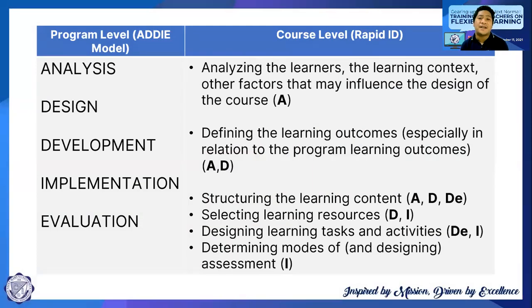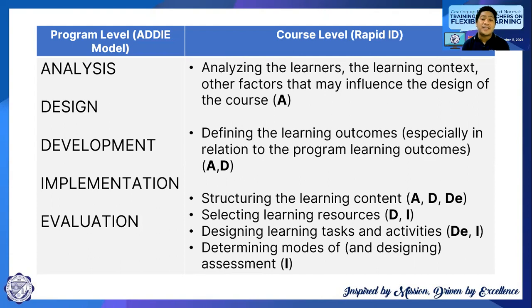At the course level, analysis can be done through the following: analyzing the learners, the learning context, and other factors that may influence the design of the course. We need to know this information. We need to analyze these things. We need to gather data from different sources.